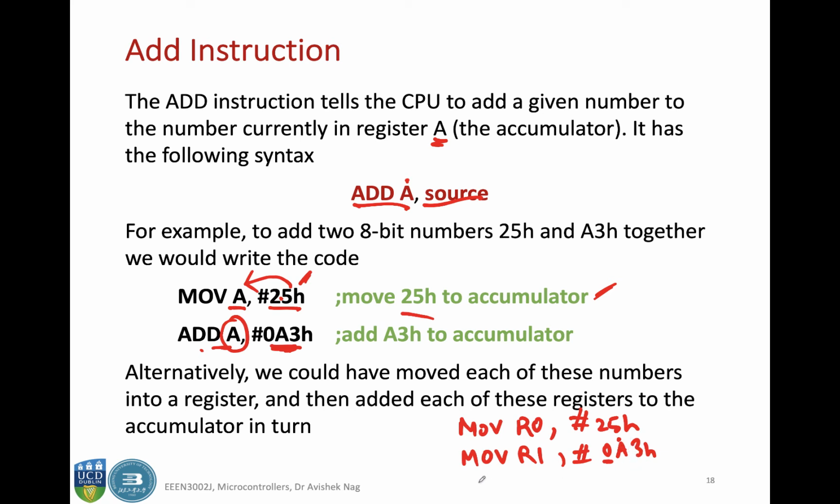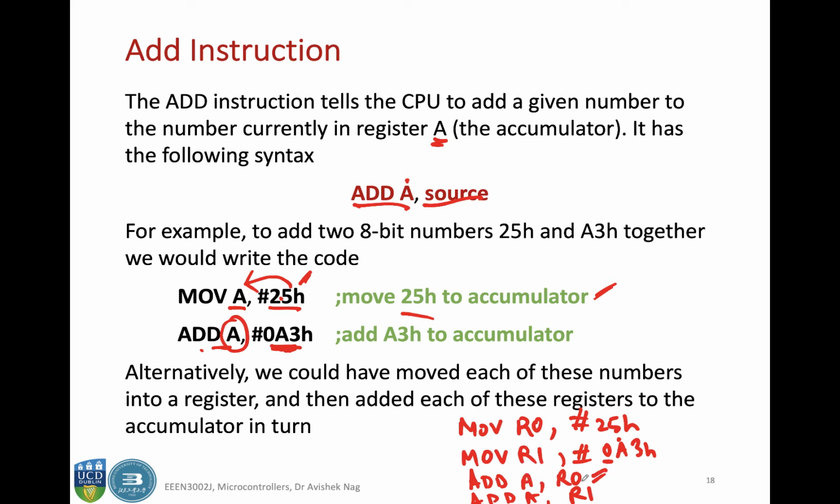And then you can do add A, R0, and then add A, R1. After this line you assume that your A is cleared, or your A has value 0.